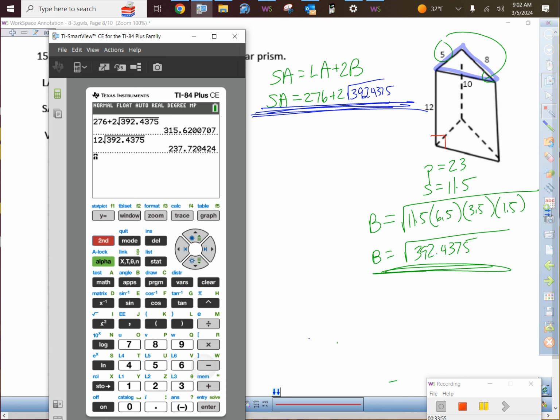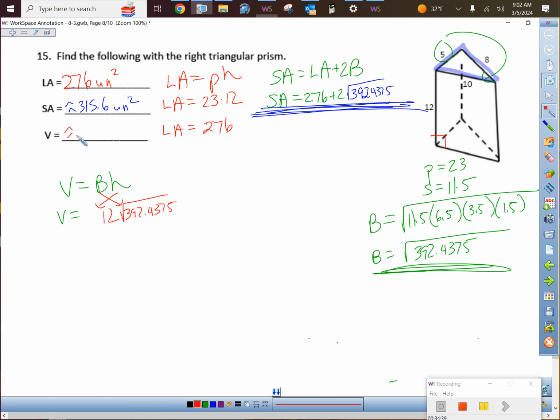What's wrong with this? Why didn't that work? Because when I did the 12 last, you have to either hit over to get out of the square root radical. If you have an older calculator, you have to close the parenthesis because it started a parenthesis. If you put the 12 first, you will never run into that issue. So about 237.7, label units cubed.